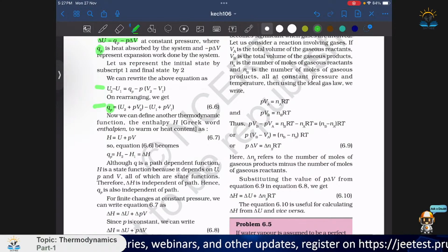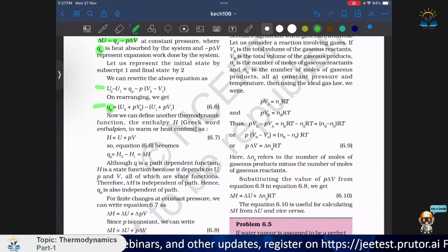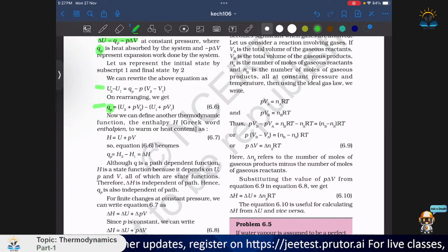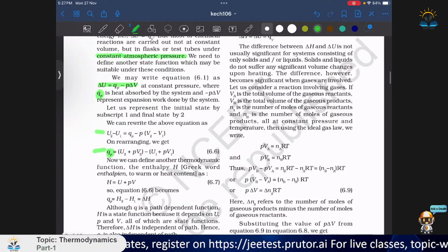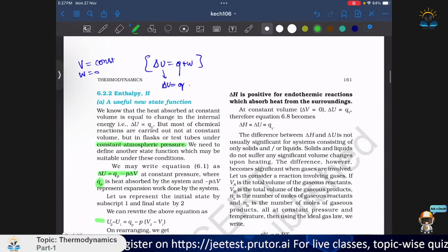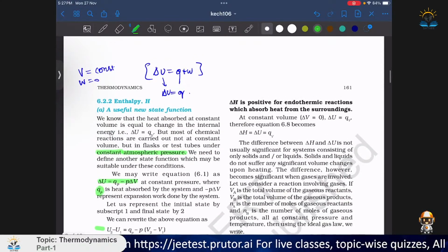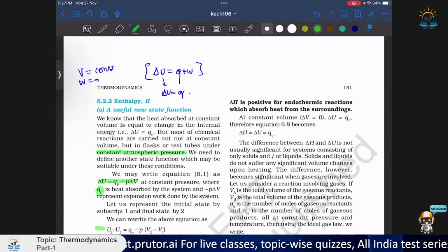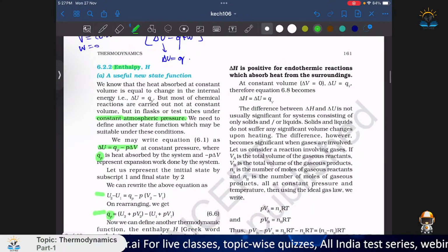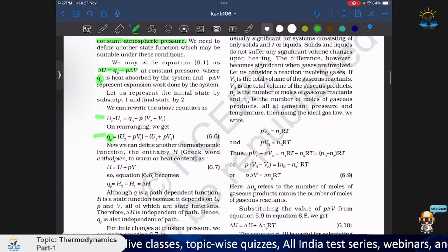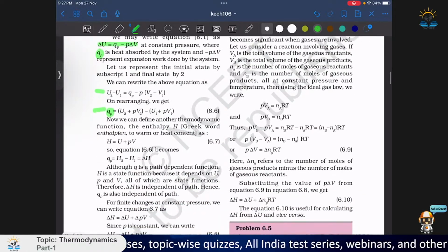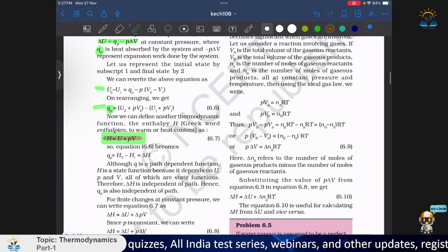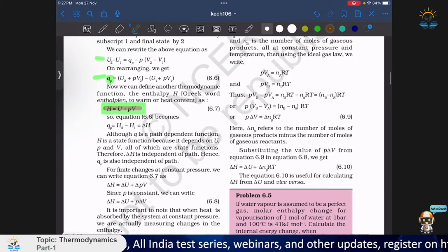That is why, for our convenience, nothing else, we define another term, another state function, which is the enthalpy. By definition, the enthalpy is equal to internal energy plus pressure volume.